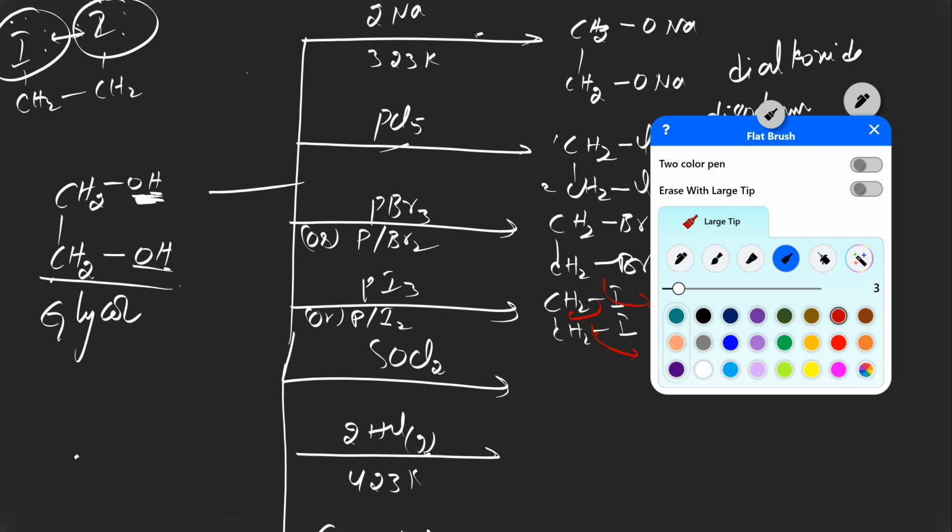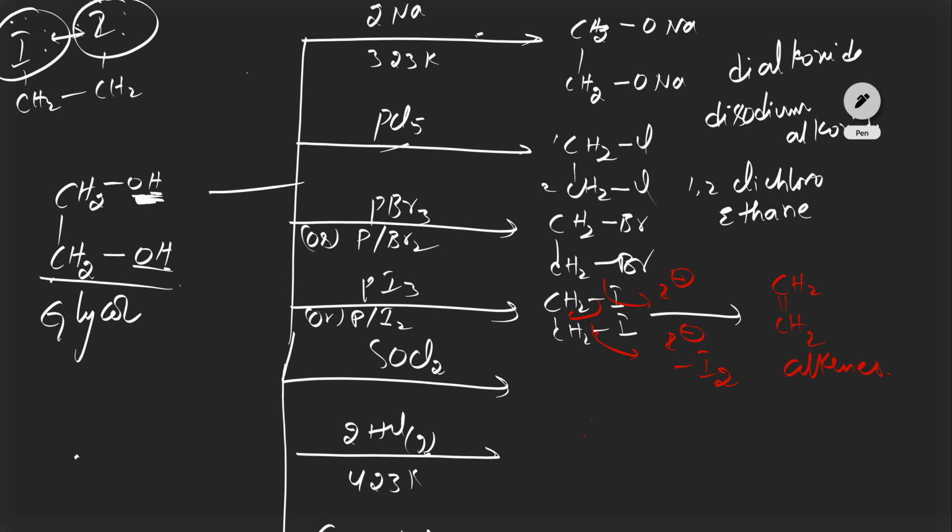Next one is SOCl2, thionyl chloride. Thionyl chloride reacts with alcohol. What products are formed? HCl is formed, SO2 gas is formed, and the main product is alkyl halide.